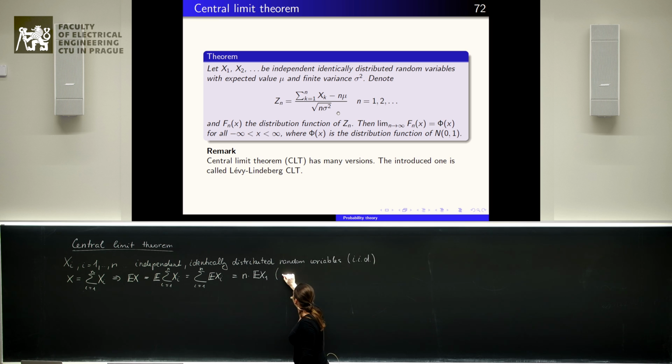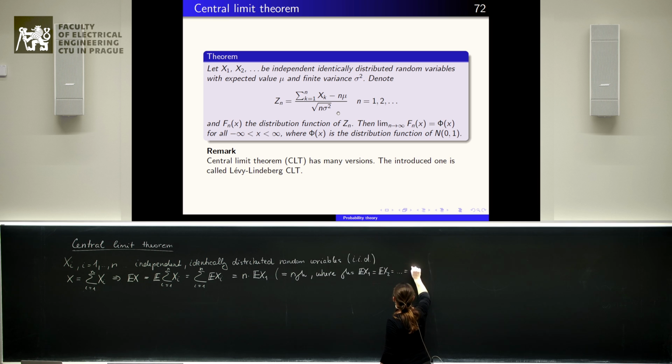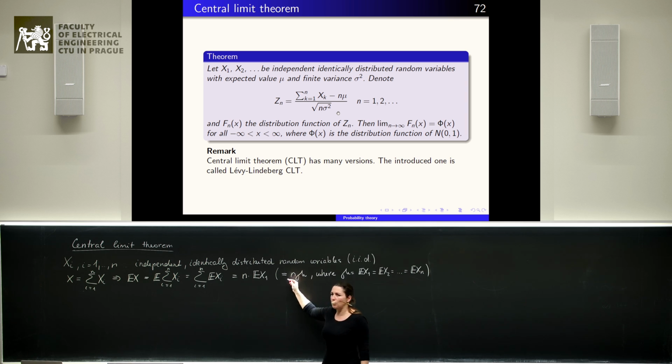Or we can denote it n mu, if it is more understandable for you, where mu is equal to the expected value of X1, which is equal to the expected value of X2, and so on, up to the expected value of Xn. You don't need the index 1 connected to the first random variable, and it is maybe easier for you.